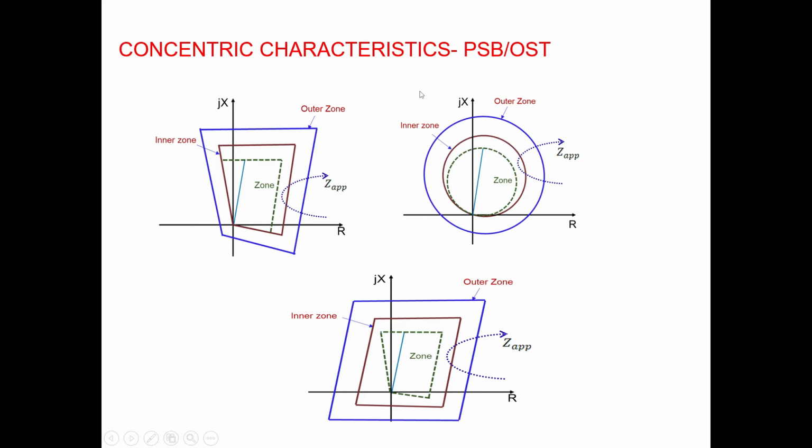However, if you see here, this is a very difficult situation because first of all, in this case, the major limitations are what should be the impedance between the inner zone and the outer zone, or at what impedance you have to draw this concentric characteristic in case of this polygon, quadrilateral or more.